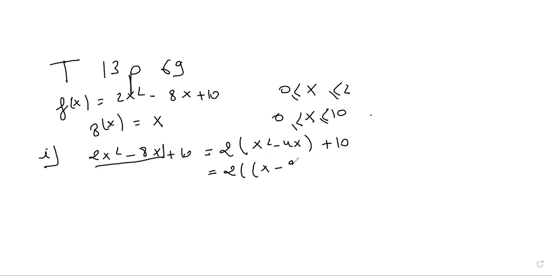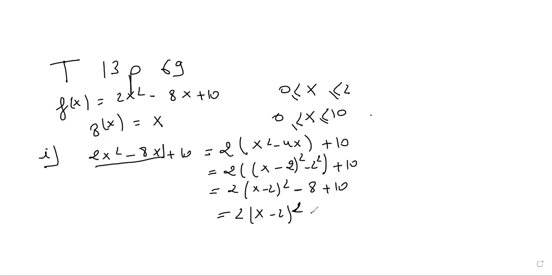So b is equal to 2 here. (x minus 2) squared minus 2 squared plus 10. Now I will expand the bracket, so 2 times x minus 2 squared. 2 times 4 is 8 plus 10. So it will be 2 times (x minus 2) squared plus 2. So this is one way to do things.